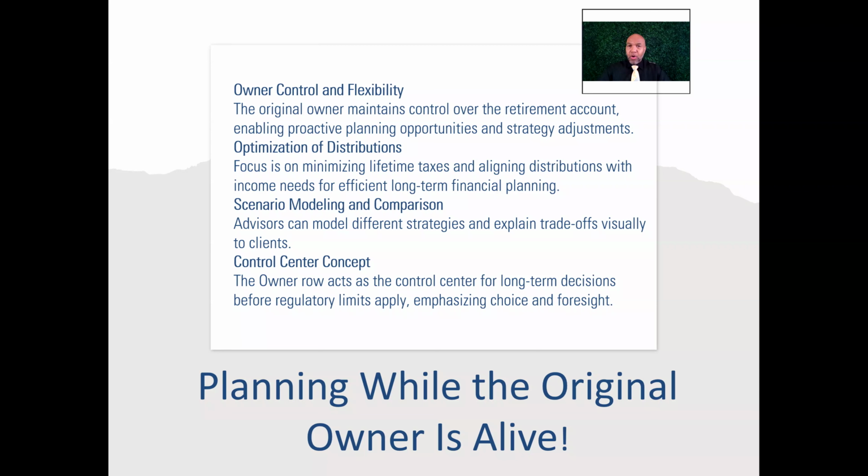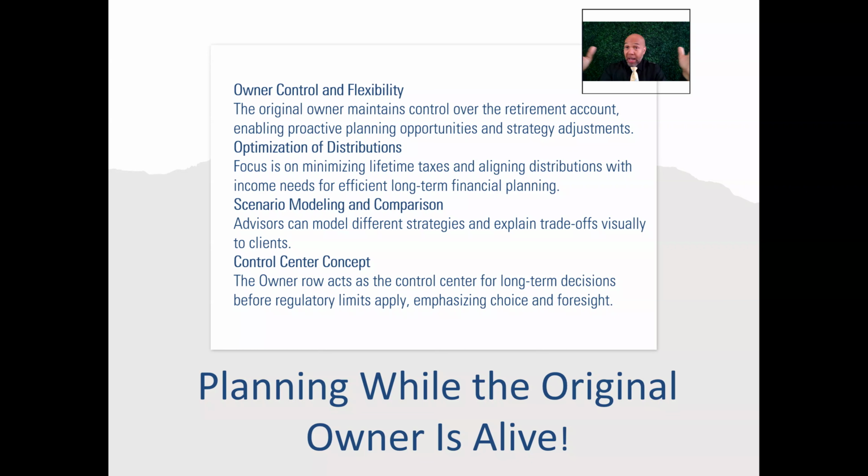So the original owner maintains control over the account, and they're the ones that's able to have proactive planning opportunities and strategy adjustments. You also may have some optimization of distributions where you're wanting to minimize lifetime taxes and aligning the distributions with income needs for efficient long-term financial planning for the client.